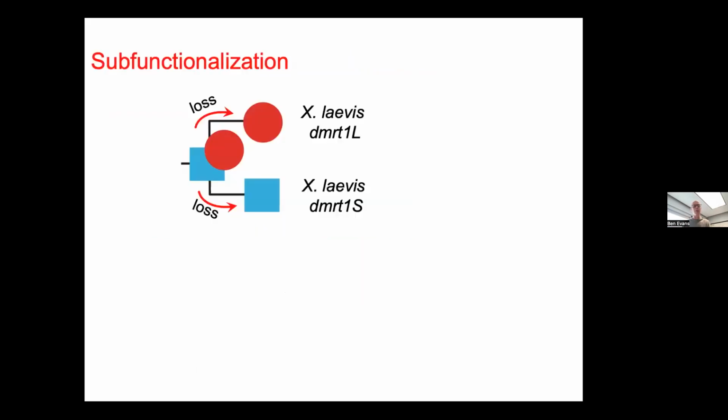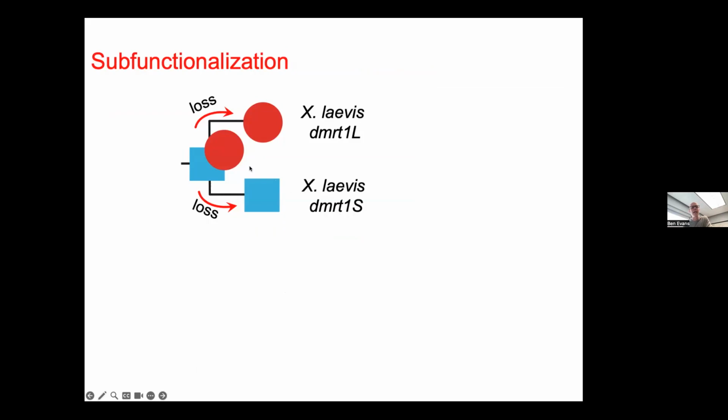So how can we interpret these functional differences between these two duplicate genes that presumably started off their lives with the same function because they were complete duplicates of one another? There are two main evolutionary hypotheses for how divergence in function happens after gene duplication. One is called subfunctionalization.